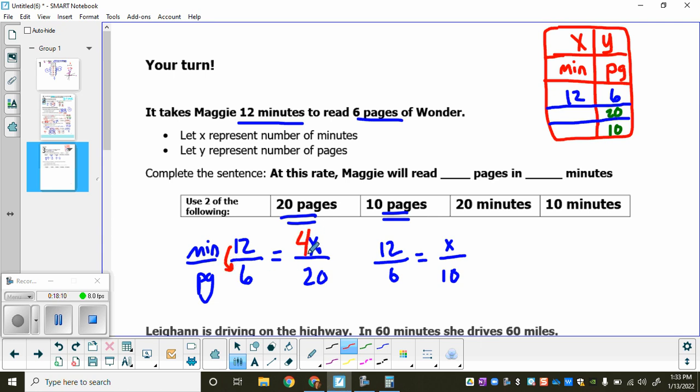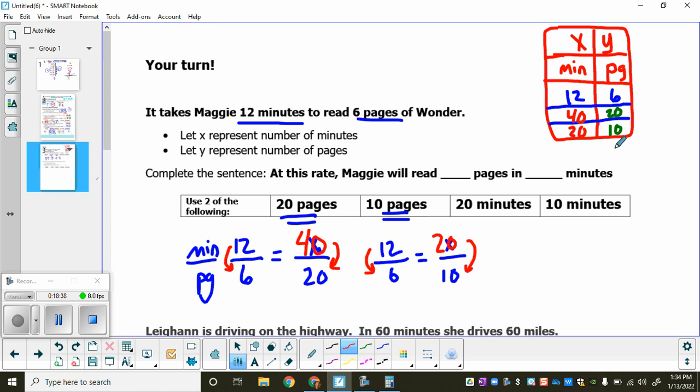So 40 would get cut in half to be this 20. So this answer right here is a 40. And over here, once again, if 12 gets cut in half to be this 6, then 20 is the answer right here that gets cut in half to be the 10. So here's a 20. Again, we can see the rate of change in the table of values.